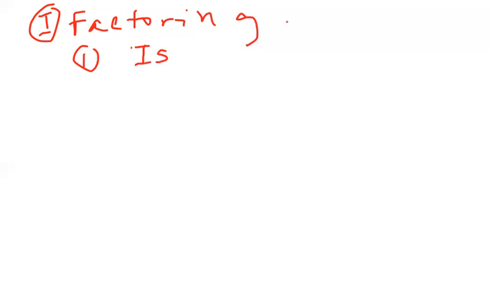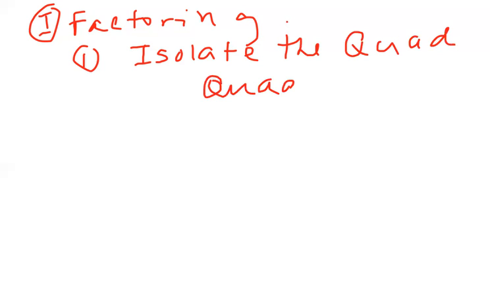Here, let me use a Roman numeral here. Roman numeral 1 has to do with factoring. Now, when it comes to factoring, guys, the first step to factoring to solve a quadratic equation is to isolate the quadratic. That just means you need to set the quadratic equal to 0.